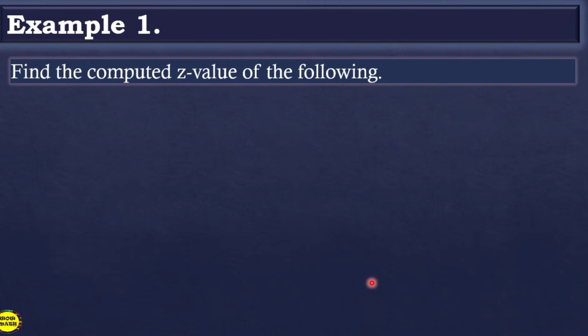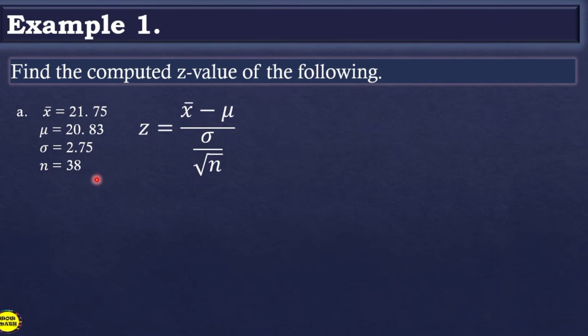For example, number 1, find the computed C value of the following. Given the sample mean which is 21.75, the population mean is 20.83, the population standard deviation is 2.75, and the sample size is 38. Using the formula for z-test, let's just substitute all the given data on the formula.